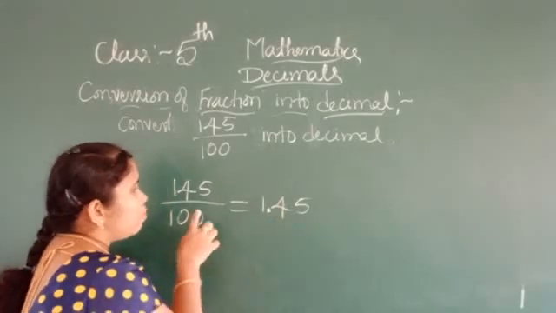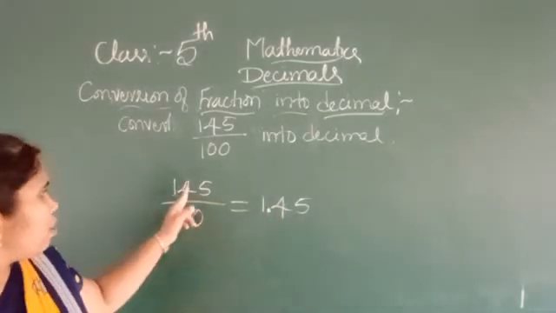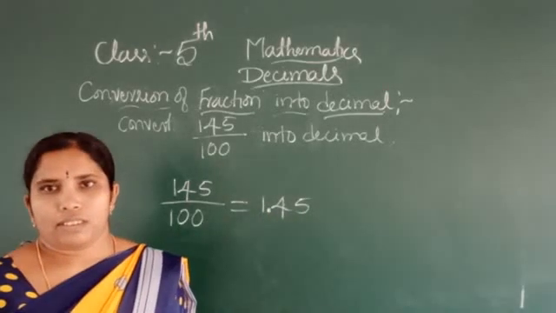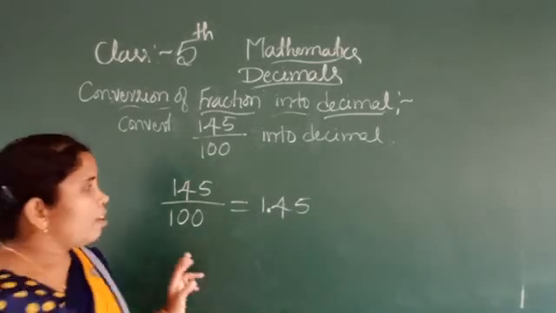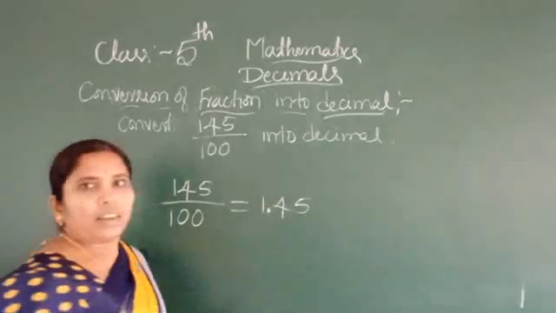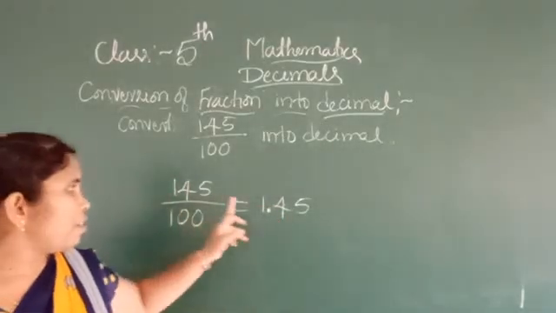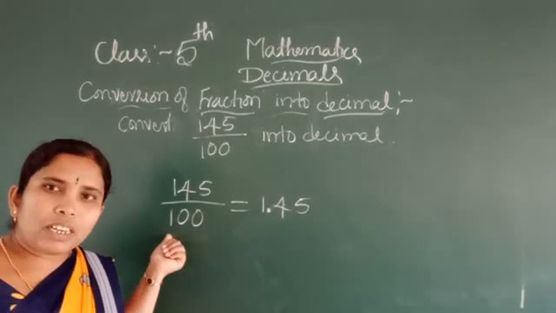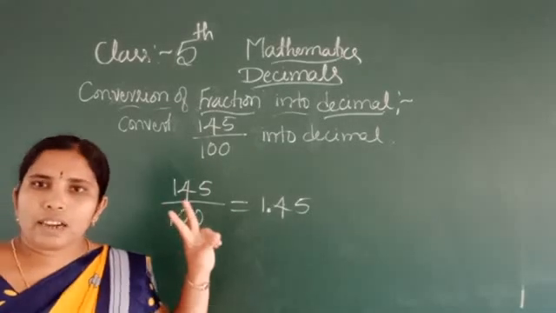So the decimal form of 145 by 100 is 1.45. Write 145 first. Then in the denominator, observe how many zeros are there after 1. There are 2 zeros.